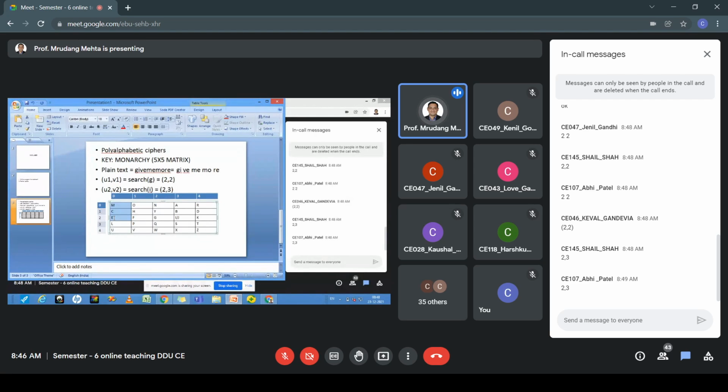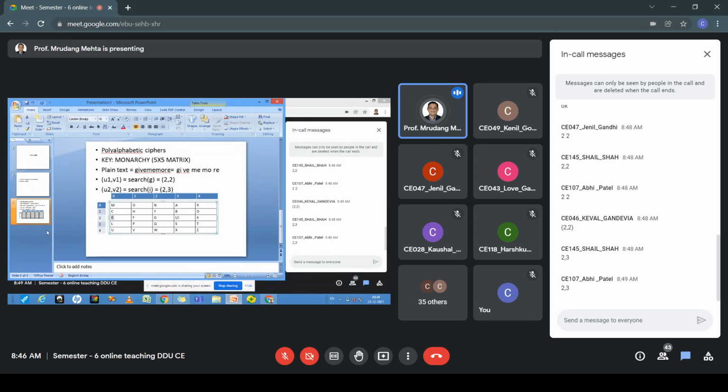So the encryption algorithm considers three possibilities: that the two characters are in the same row, the same column, or neither the same row nor column. So they are in different ones. For example, this V and this E are neither in the same row nor in the same column.